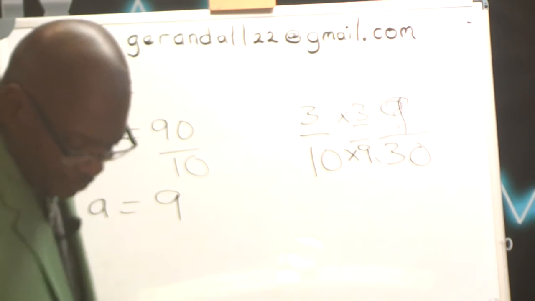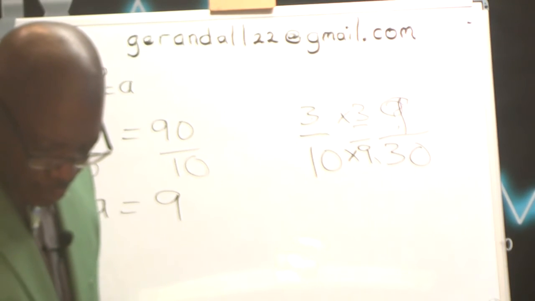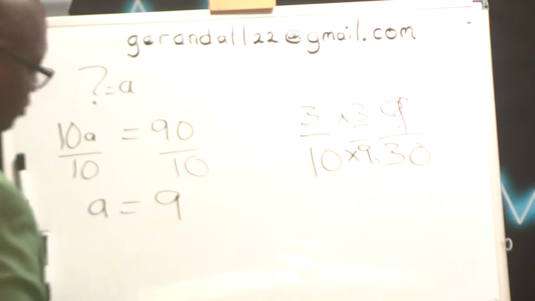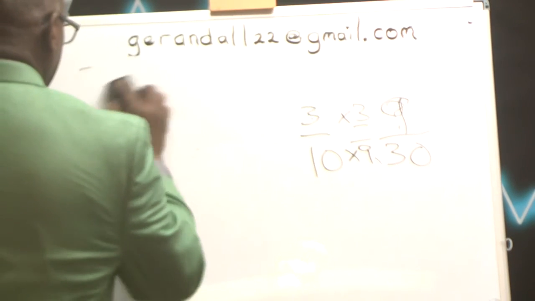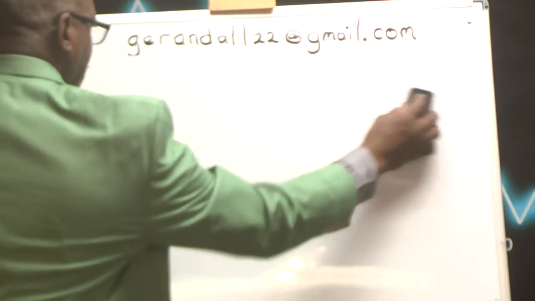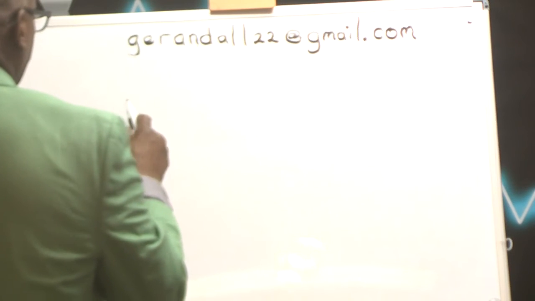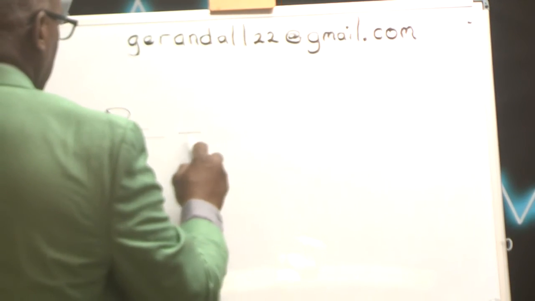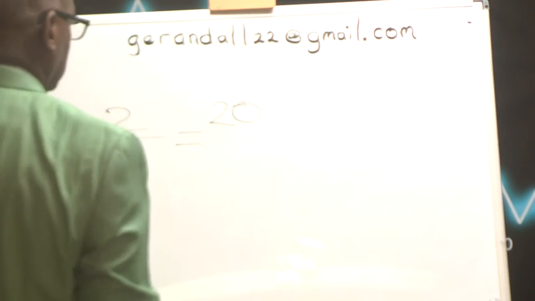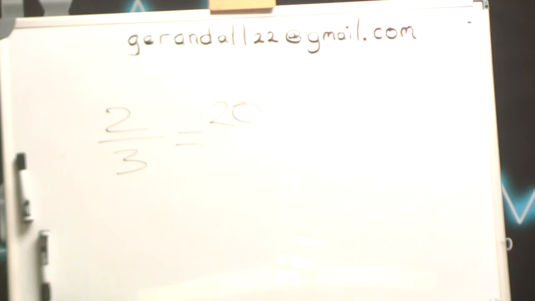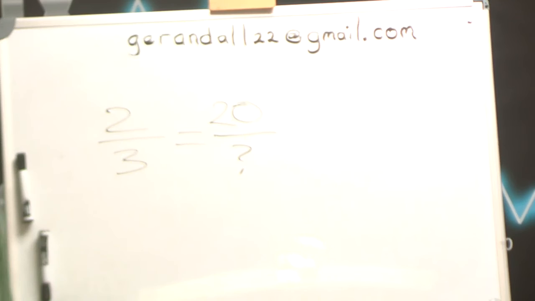Let's look at it again. Two-thirds equals 20 over what?